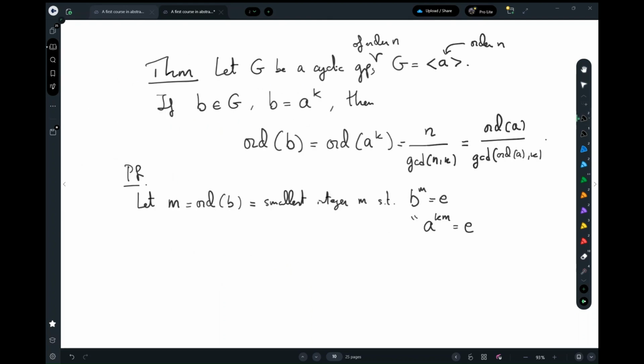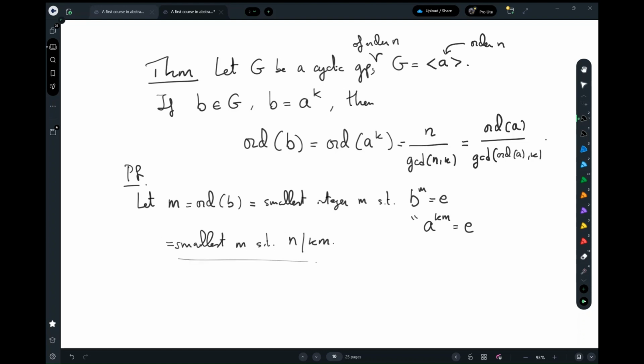So what we are actually looking for is the smallest positive integer M such that n divides K times M. That is the integer that I want.